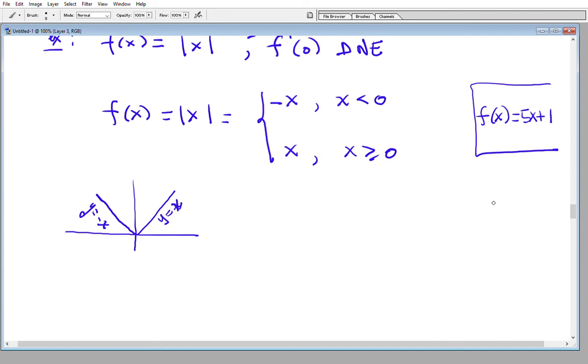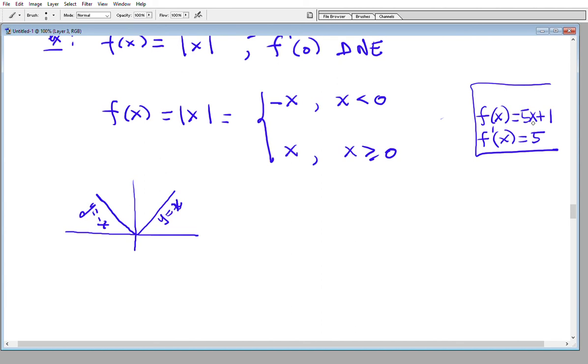What's the slope? The one is the y-intercept. This is y equals mx plus b, so the slope is 5. So it would make sense that f prime of x is equal to 5. We'll see it using a calculation, but f prime of x is just 5. It's the slope, because derivatives give us slopes, and lines have the same slope throughout.